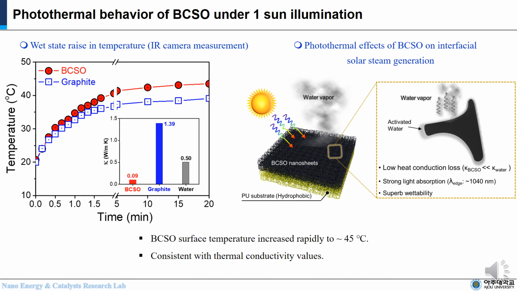For this, the wet state rise in temperature of BCSO and control sample graphite were recorded using an IR camera. So, the wet state surface temperature of BCSO rapidly increased to 45 degrees C, but in contrast, the temperature of the graphite gradually increased to 40 degrees C. This result is consistent with the thermal conductivity values, which is given as an inset figure.